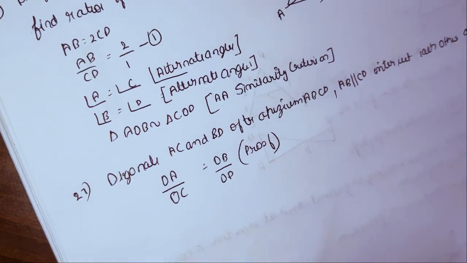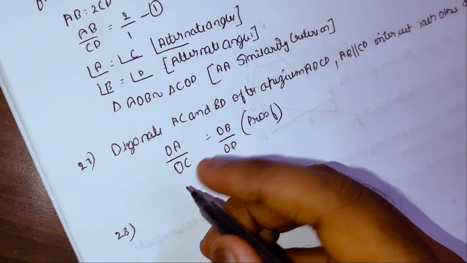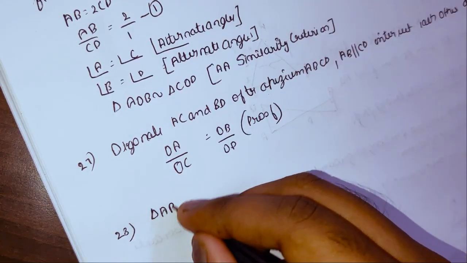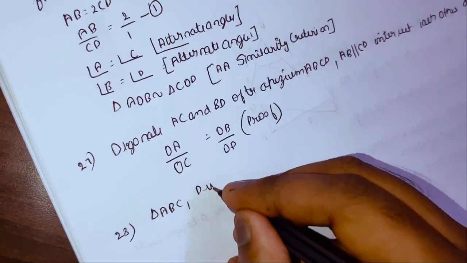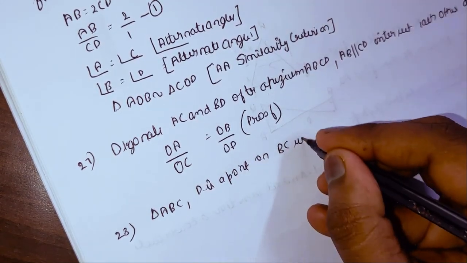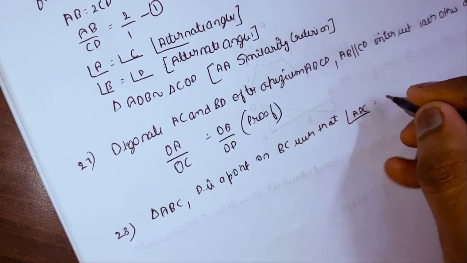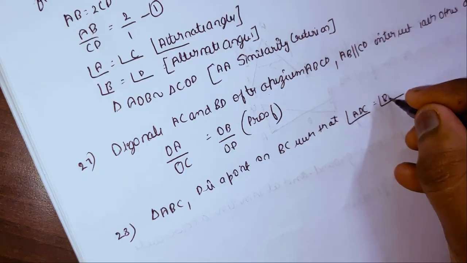28th question. In triangle ABC, D is a point on BC such that, in triangle ADC, angle ADC is equal to angle BAC.